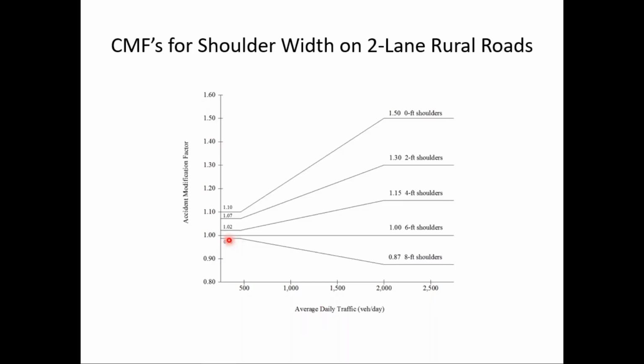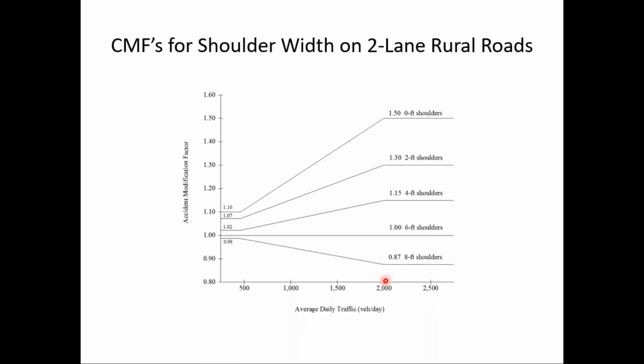And the base condition for 1 is a 6-foot shoulder. And then notice down here we see an 8-foot shoulder, which of course is wider than 6 feet. So we would expect an 8-foot shoulder to be safer than a 6-foot shoulder. And this quantifies that.